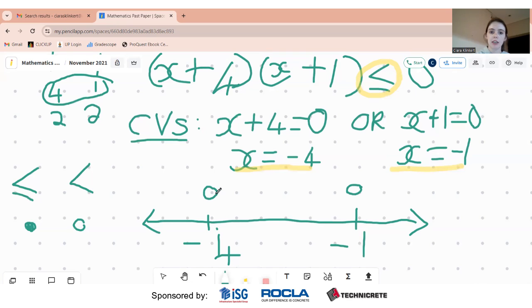What I've done here is I've put 2 open dots. So we know this is wrong. I must have closed dots, because it's less than or equal to. How I like to remember whether it's a closed dot or an open dot is that this extra line here on the inequality fills in the dot. That's how I like to remember it.